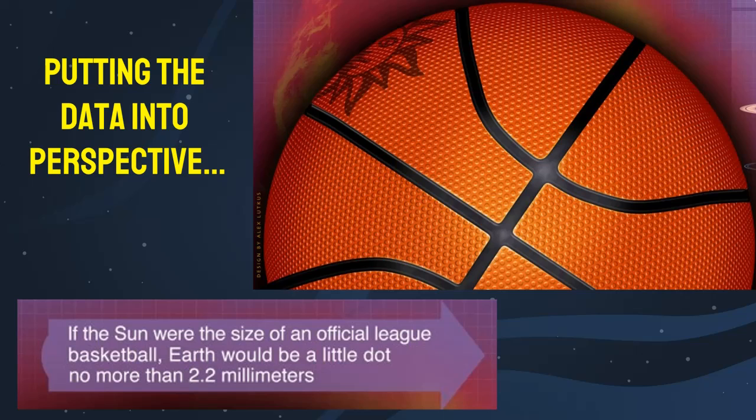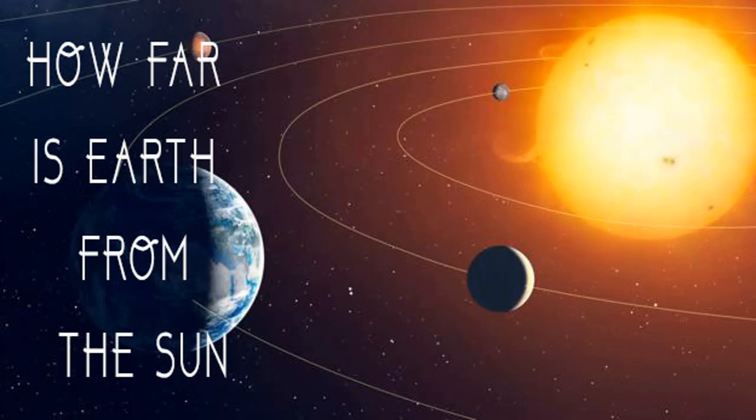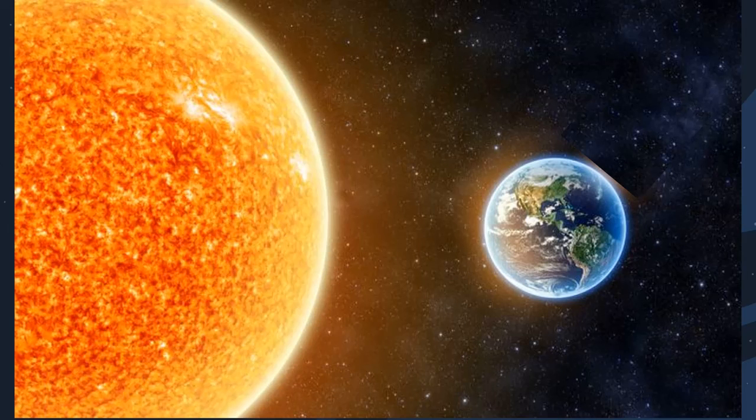Now let's see how these planets are located with respect to the sun, how far they are, because then only we can compare the gravity, okay, gravitational force. So in order to understand that, this is our sun and this is the earth. The distance between the sun and the earth is too huge.